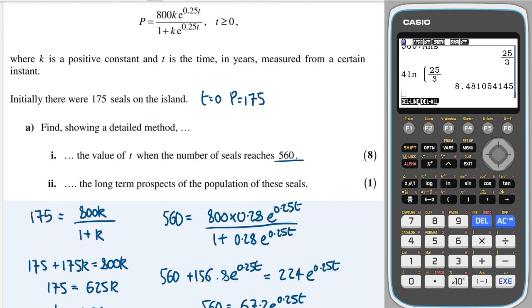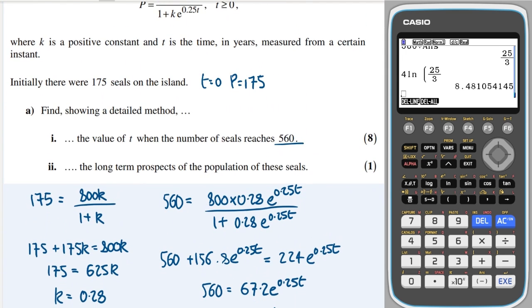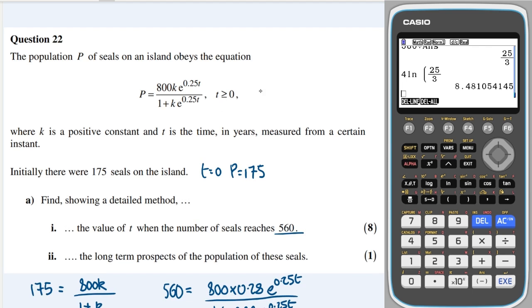Okay, well, let's just look again at the formula. Let's look it up here. And let's imagine what happens when t tends to infinity. Then on the top is 800 multiplied by 0.28, which was 224.